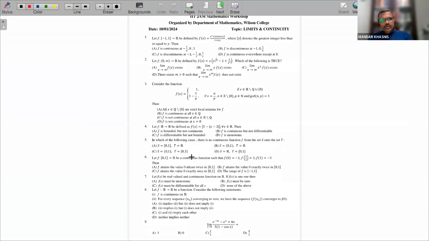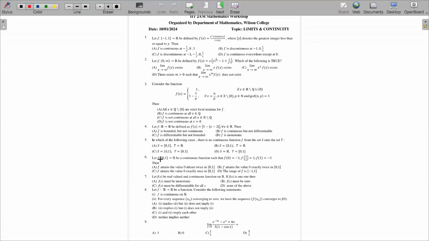you can manage. Can someone quickly give the answer? Fifth. C. Okay. In which of the following cases is there no continuous function?